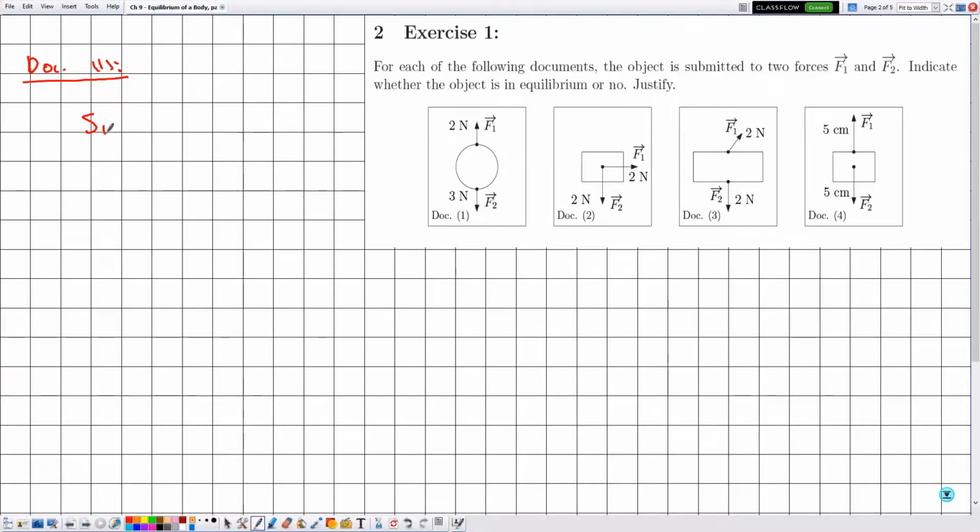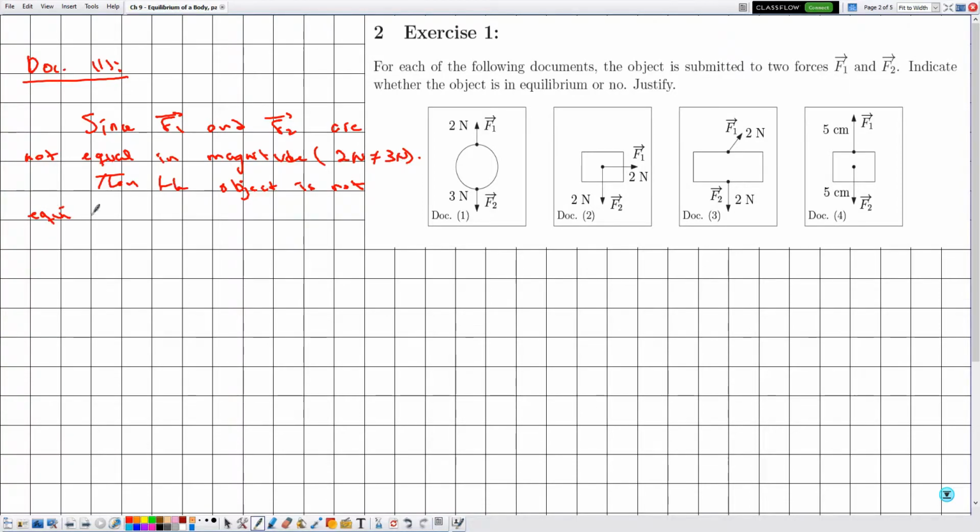Then let's say, since F1 and F2 don't have the same magnitude, or let me say they are not equal in magnitude, and this is because 2 newtons is different from 3 newtons, then the object is not at equilibrium.